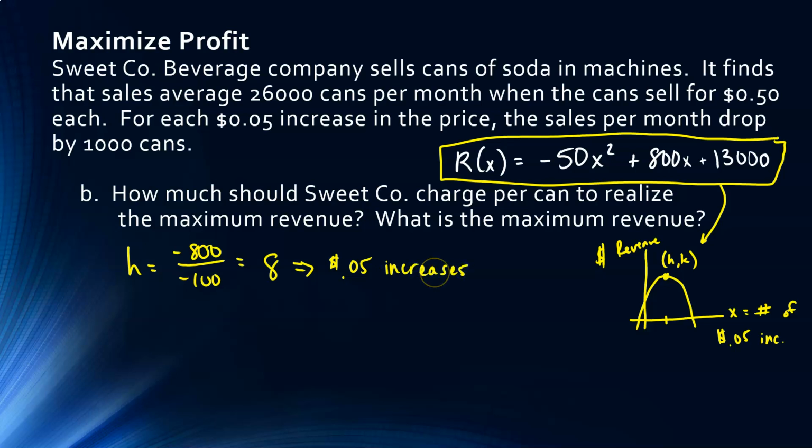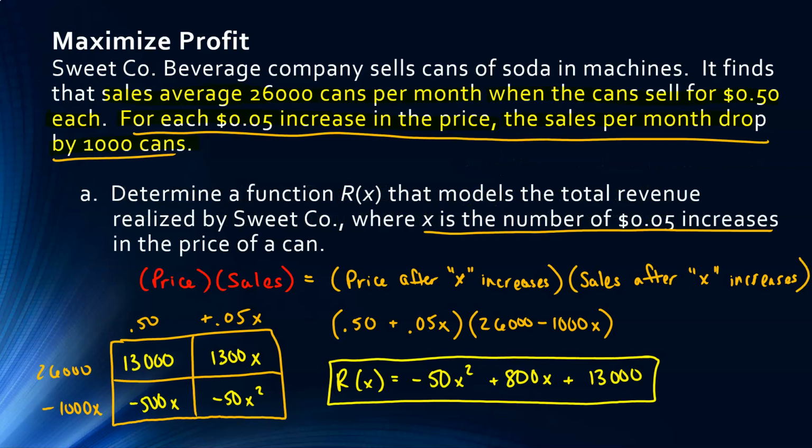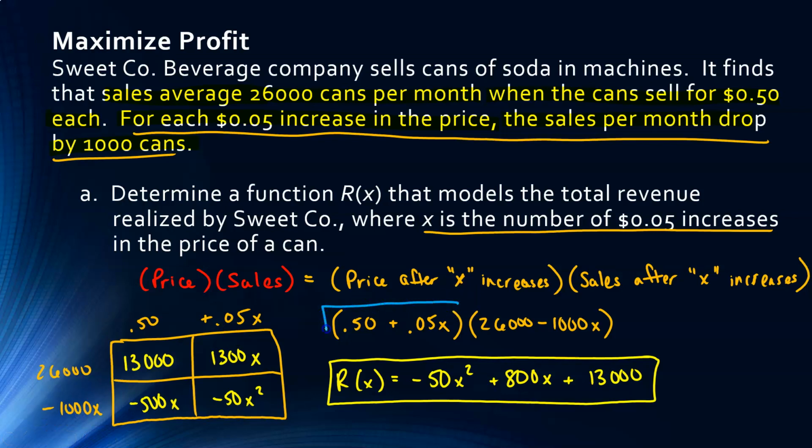So when it says how much they charge per can, remember, let me go back a slide here. Remember this part here represents the price that they would charge after x increases. So we're going to say that there's 8 increases.